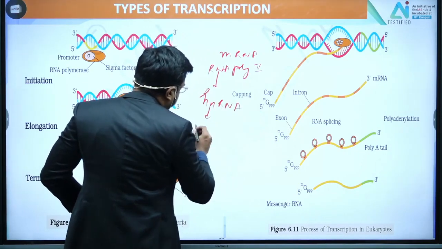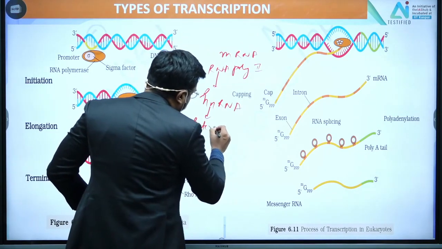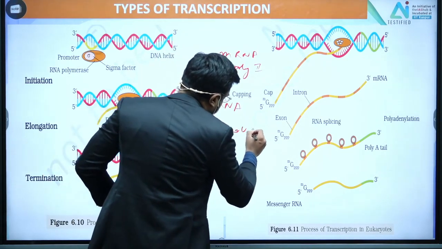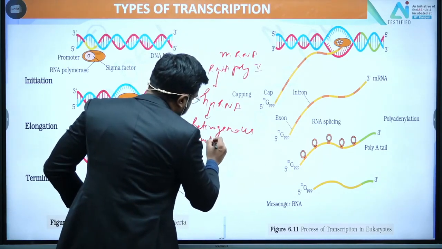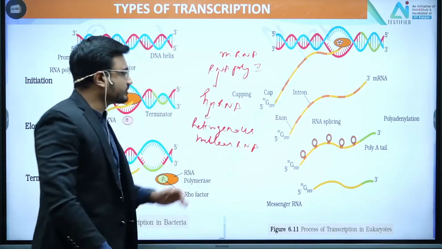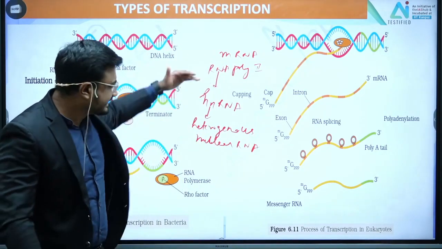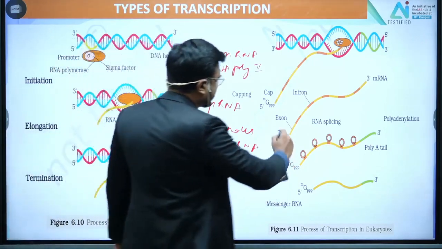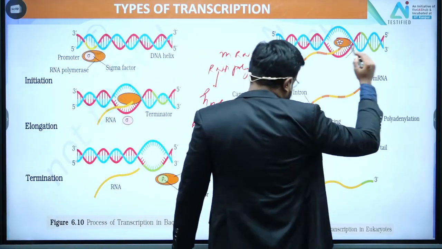The full form of hnRNA is heterogeneous nuclear RNA. That is what is known as the hnRNA. This hnRNA is shown here.